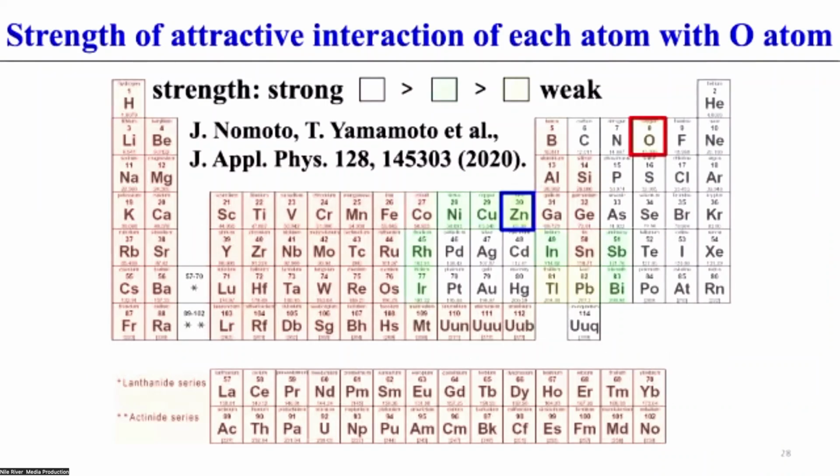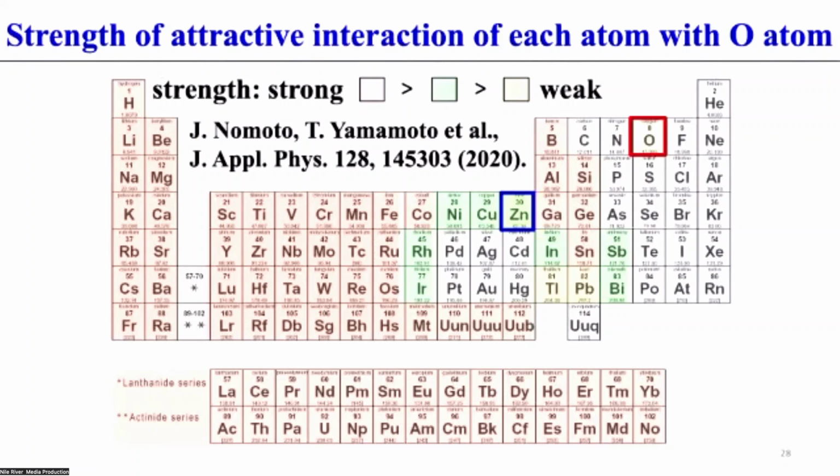And I'd like to discuss how to choose and how to select n-type dopants. Okay. This is a periodic table. Okay. This periodic table provides us very impressive information concerning how to choose the elements with attractive interaction with oxygen atoms.